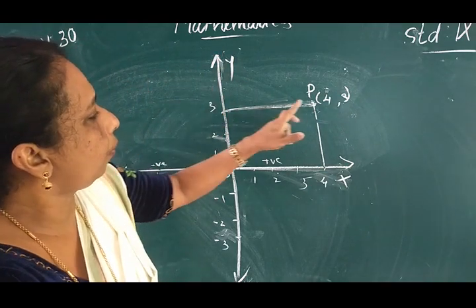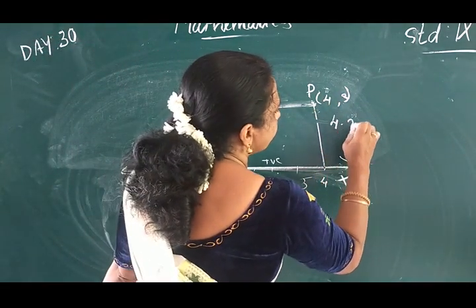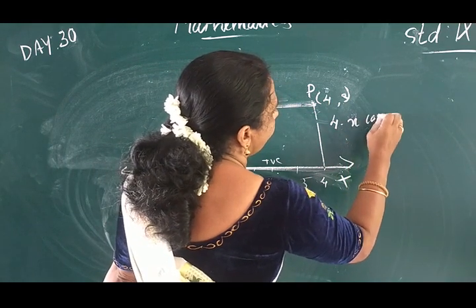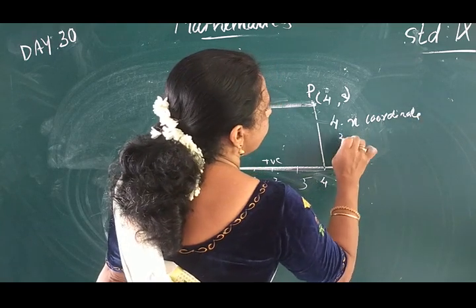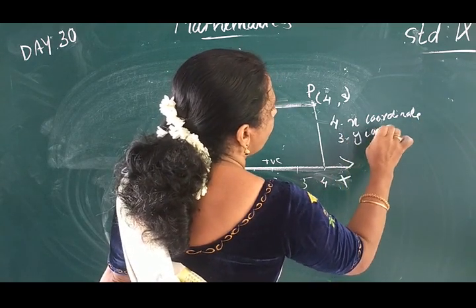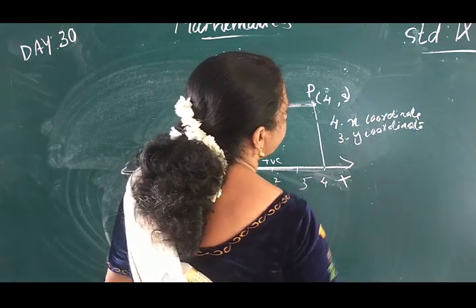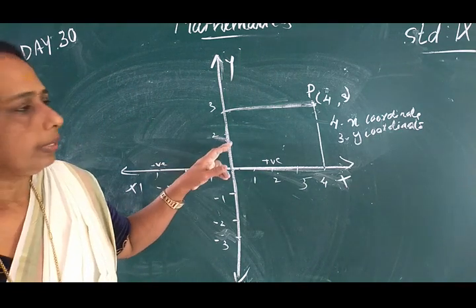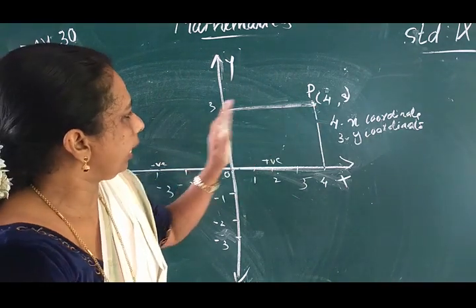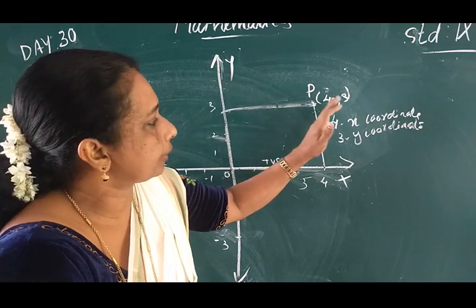That is, in the point (4, 3), this 4 is called the x coordinate and this 3 is called the y coordinate. Then what is the x coordinate? The distance of the point from the y-axis is called the x coordinate.